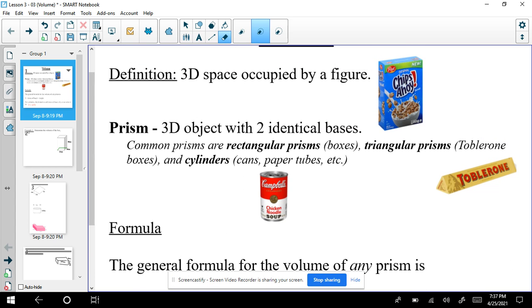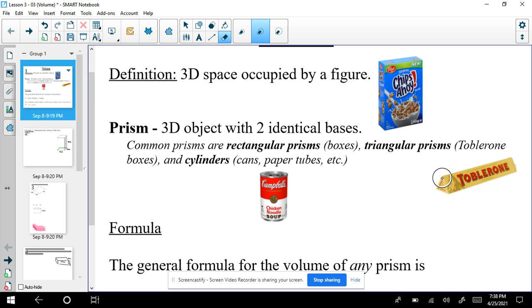For our box, we would take the area of the main base, the bottom of the box, and then we would multiply it by how tall this is. When we take a look at triangular prisms, our base is these two triangles here.